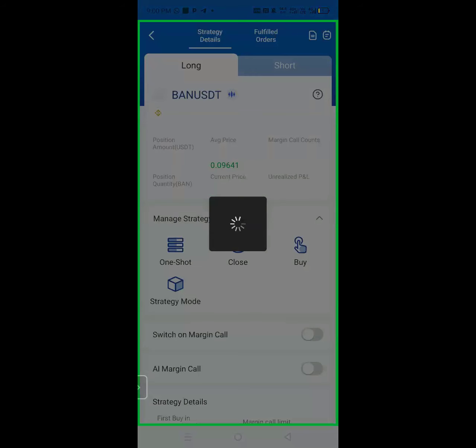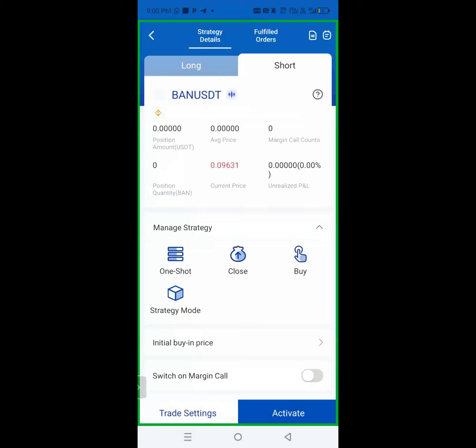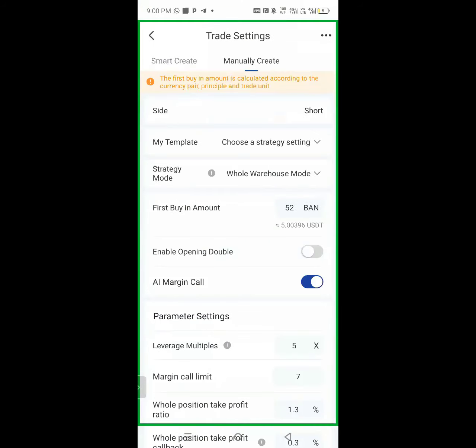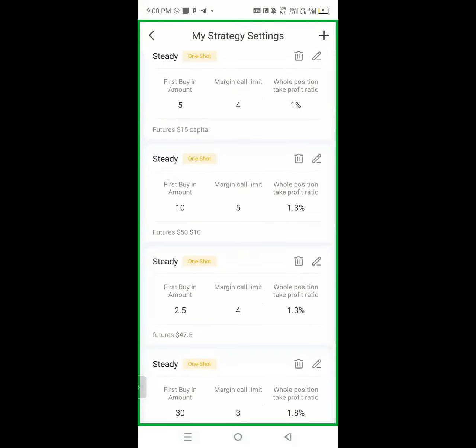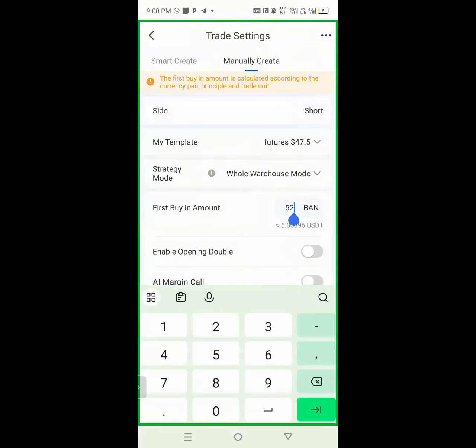This one is 85. So let me create. I will use small capital in case. So let me short it. So this is the RSI. Let me show you. Okay, let me use these settings for it. 2.5. So I'm going to set 12 here.